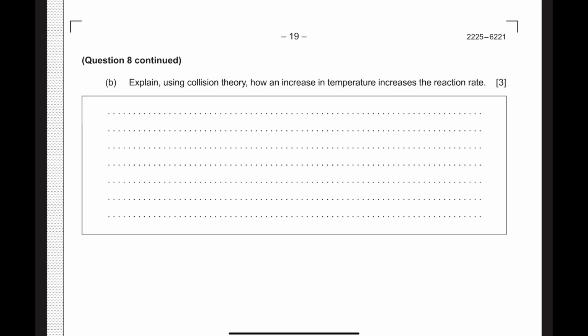Now we have two effects. One, you have more molecules with energy greater than the activation energy, plus you have more number of collisions. This directly would lead to a greater number of effective collisions. As a result, your rate of the reaction will increase. So write it like this.